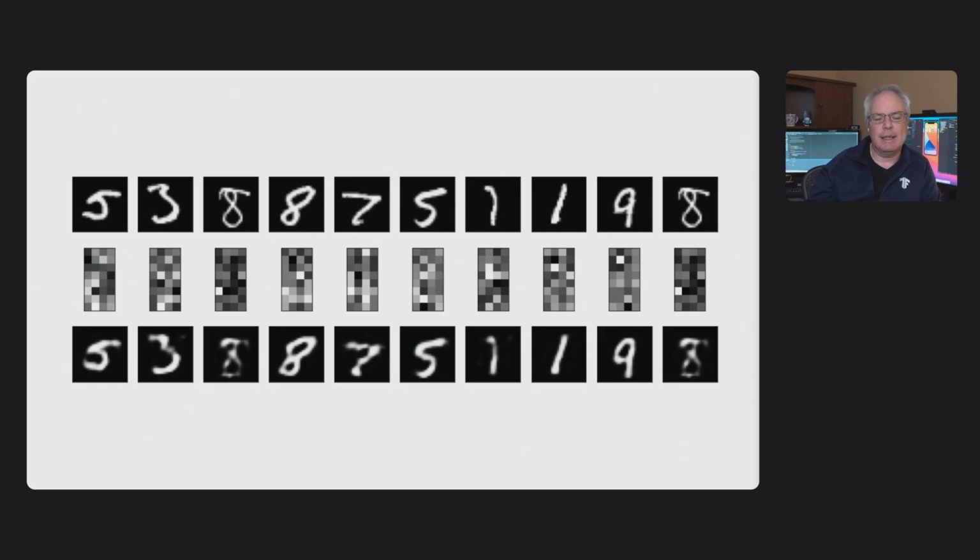As a result, the decompressed version that you see at the bottom here looks kind of like the original image. It gets off a little bit, particularly with the 8s. As you can see, those 8s don't look too good. And maybe that second one, the 3, doesn't look great. But things like the 1s and the 9s and the 5s and the 7s, they're all looking pretty good.